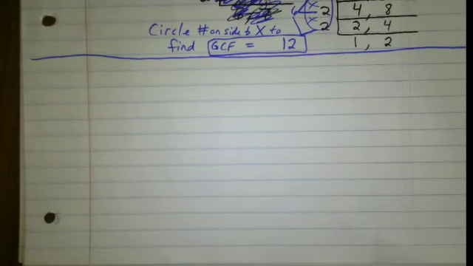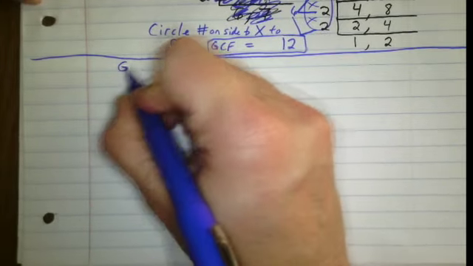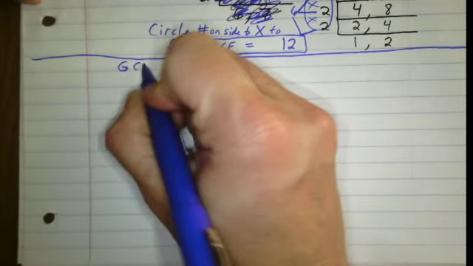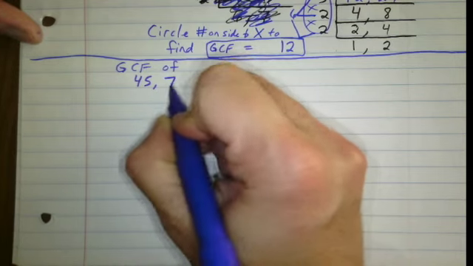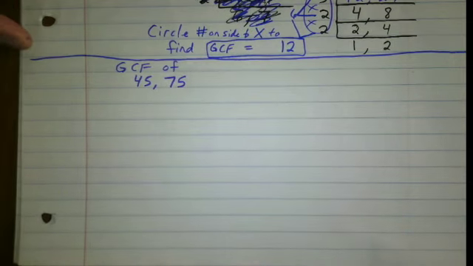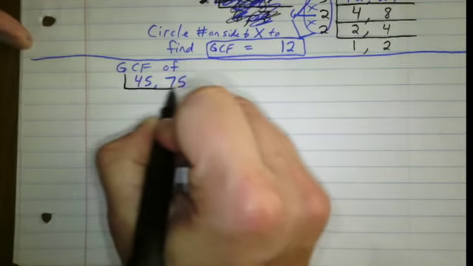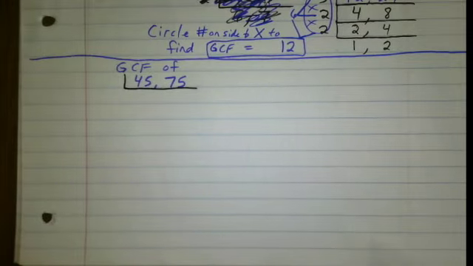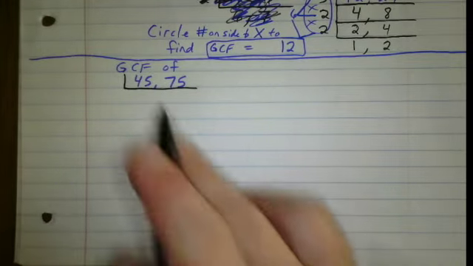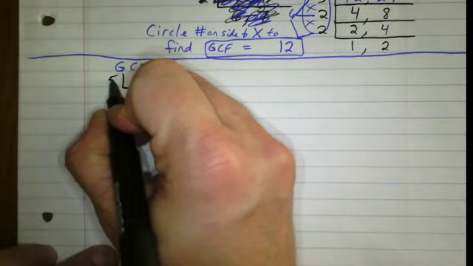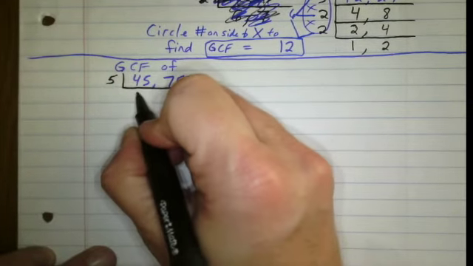The next example is the greatest common factor of 45 and 75. I've already set it up so that we could make a rung on the ladder here because I know a prime number that goes into both of those. They both get to 5, so I could divide both by 5. 45 divided by 5 is 9.